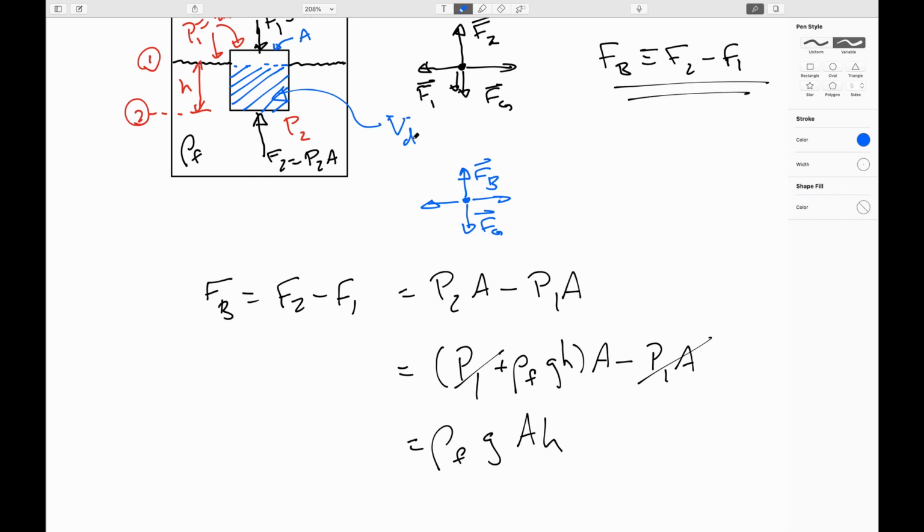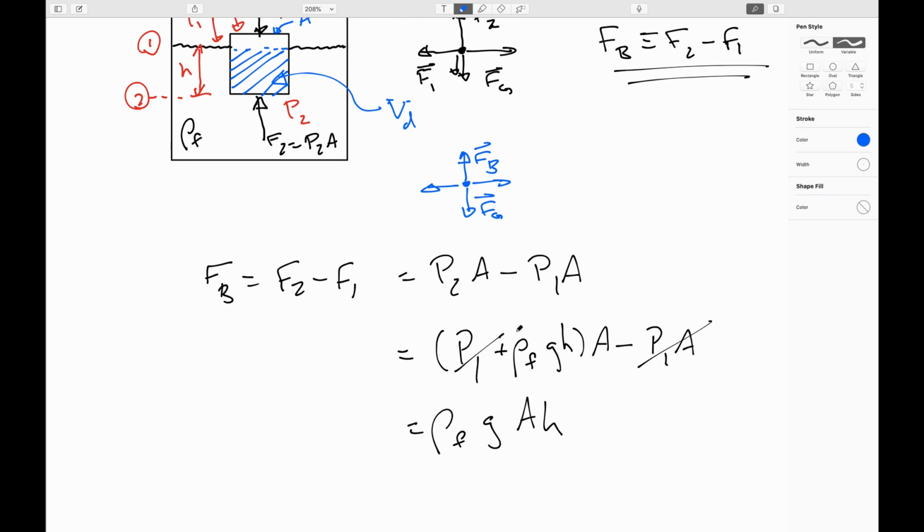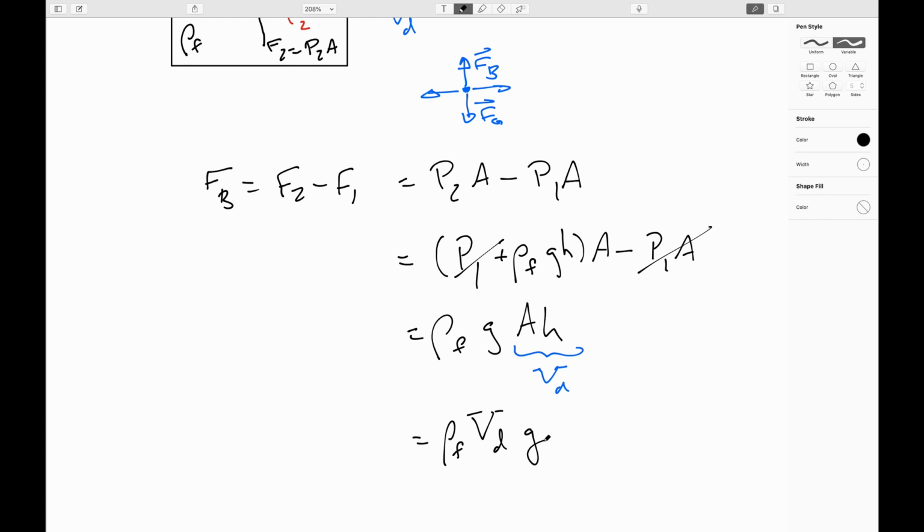We'll call it V sub D, and I'll get into what the D stands for in a second. I just want to be careful about that. So we can observe that this is this volume here. So we can write this as, finally, the density of the fluid times V_D times g.